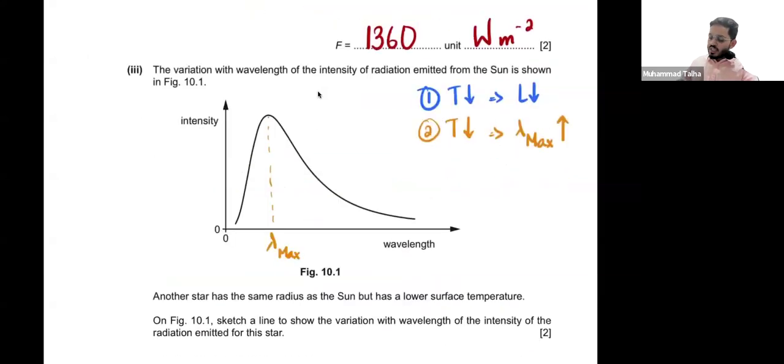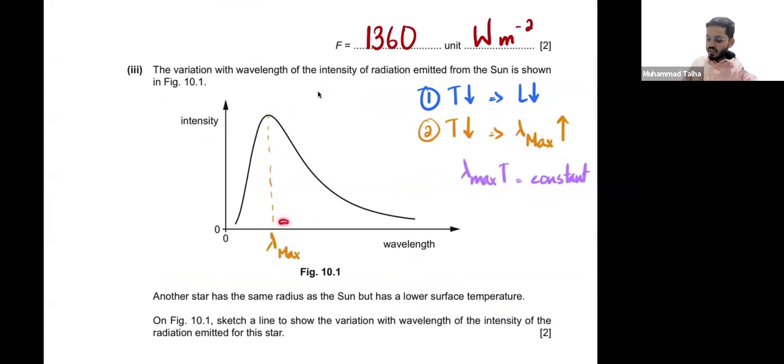Next, because the temperature is low, and because I know of Wien's law, which is this idea that lambda max T is a constant, I also know that because of my temperature being lower, the wavelength corresponding to the max intensity of radiation would go up.